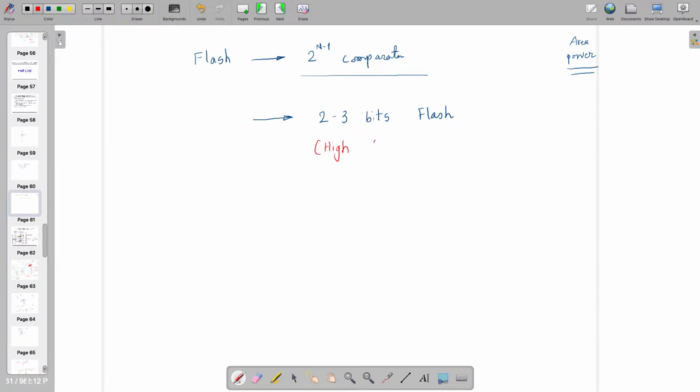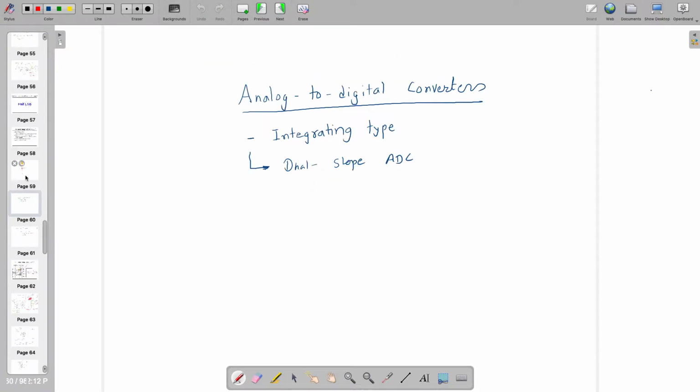Or you can do high frequency operation, right? Because it's fast, it's parallel. So, what do you think about this dual slope? Infinite? No, not infinite. Significant. Okay, significant. So what do you mean by significant now?